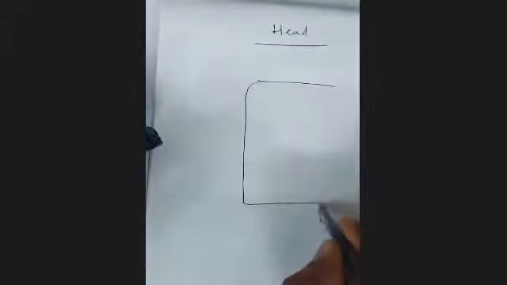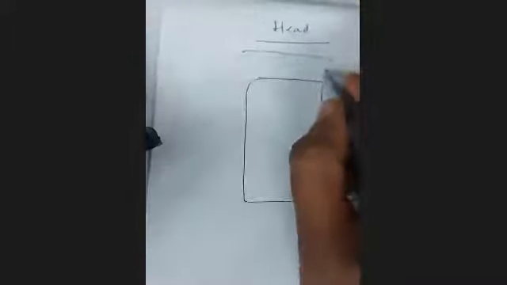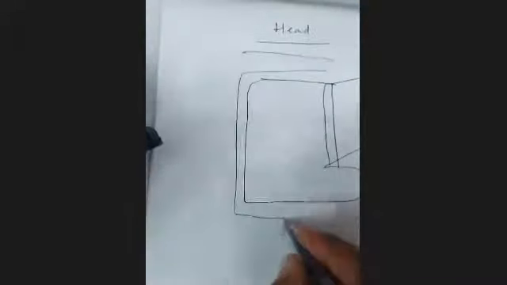Okay, so head, we said, of the pancreas is like this, has an uncinate process, and then here is the neck. This head lies in the C-shaped loop of the duodenum.